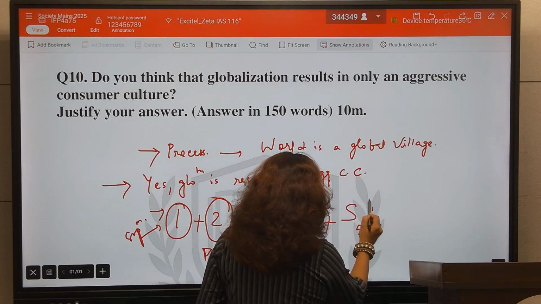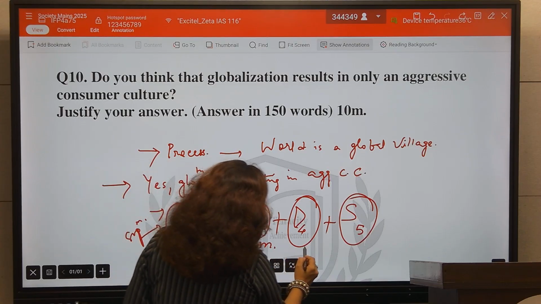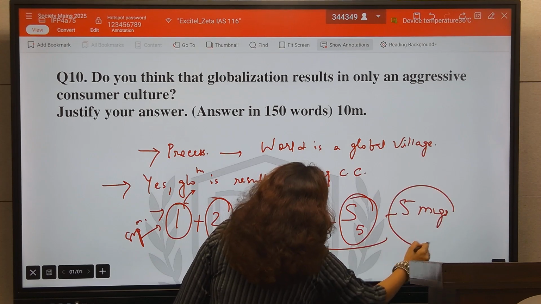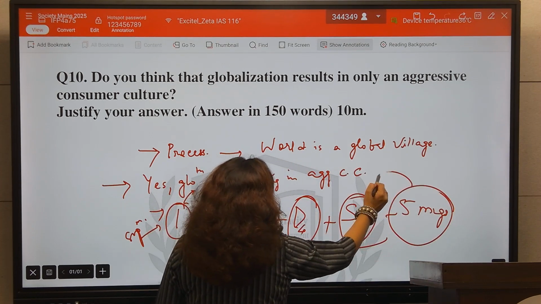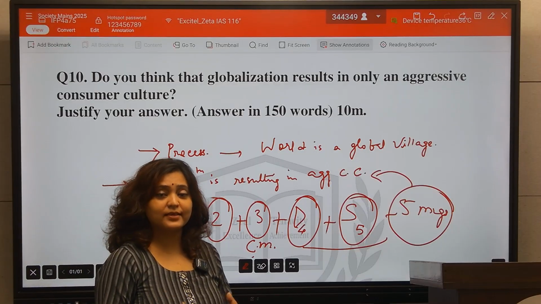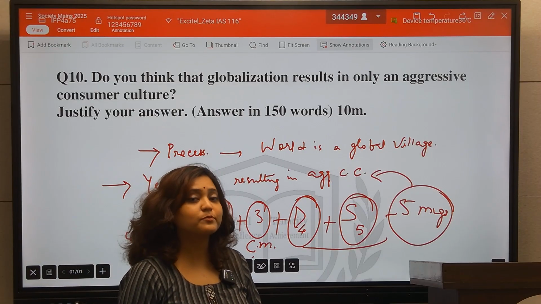So you've got 5 cups. You needed only 1, but now you have 5 cups or mugs. This, in simple terms, is called aggressive consumer culture, where you are buying things which you probably do not need. You're just buying them.